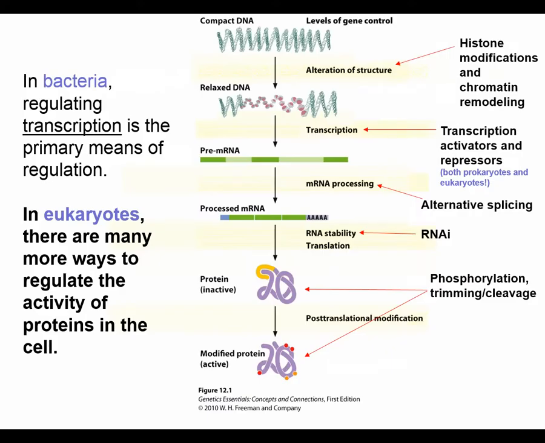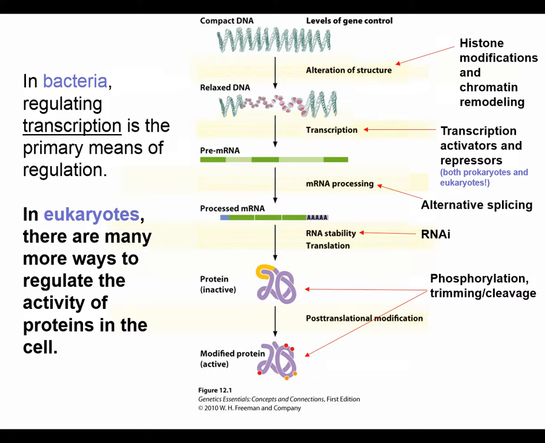So in this chapter we're going to pick and choose a little bit in terms of the topics. We are going to look primarily at the eukaryotic gene control mechanisms. So we will skip over most of the bacterial mechanisms or go briefly over those.